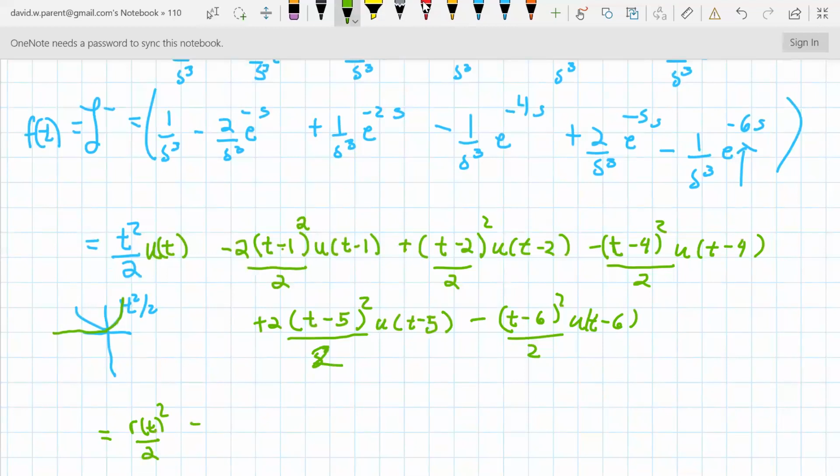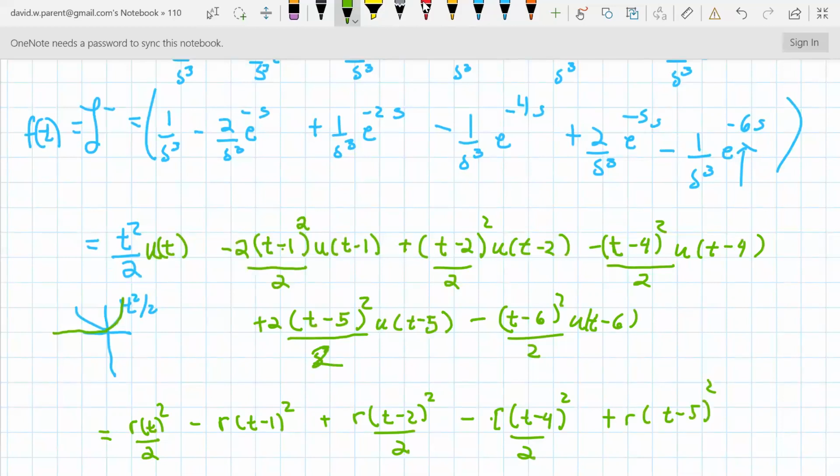This is minus r t minus 1 squared, the 2's have canceled, plus r t minus 2 squared divided by 2, minus r t minus 4 squared, plus r t minus 5 squared, 2's have canceled, minus r t minus 6 divided by 2.